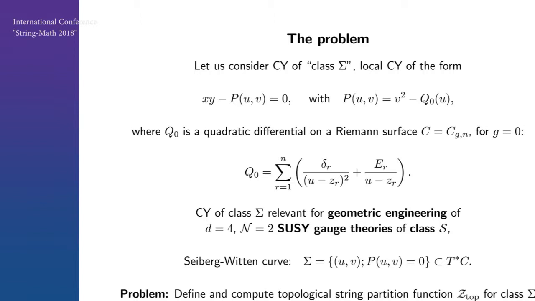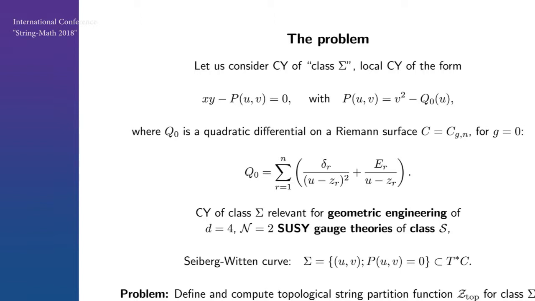This class is called Sigma partly because that is when we want to study gauge theories or supersymmetric field theories of class S via geometric engineering in the context of topological string theory. So that may also motivate Sigma as a terminology.